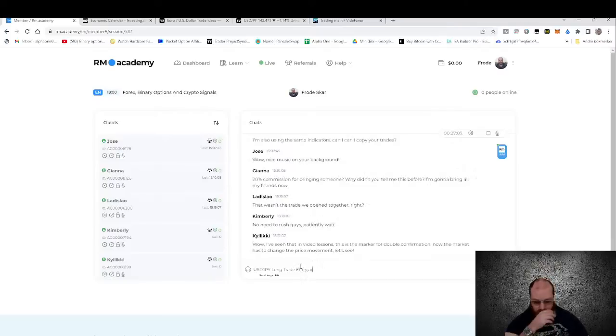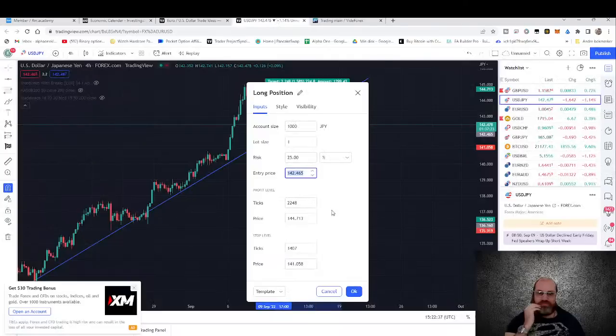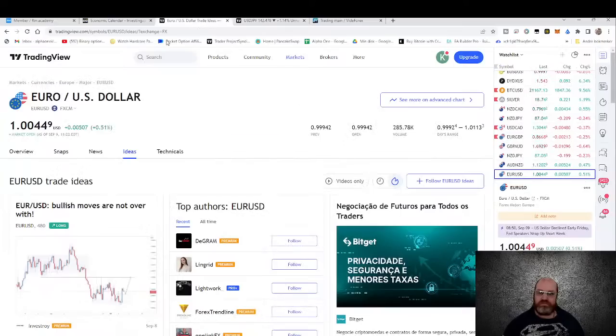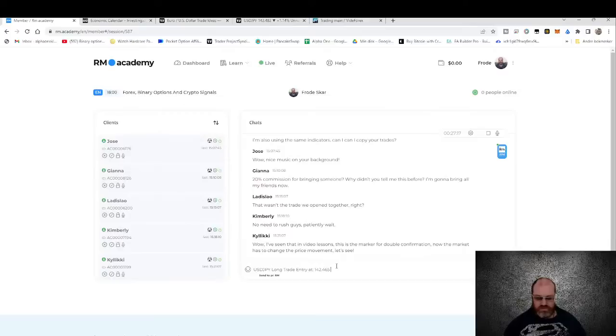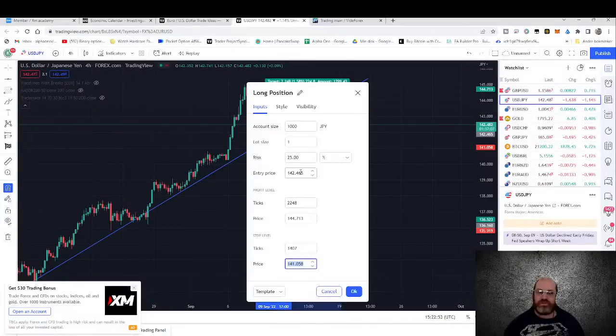Entry at here. We will put our stop loss down at this level here. Stop loss here. Take profit, we basically take it at the previous high.